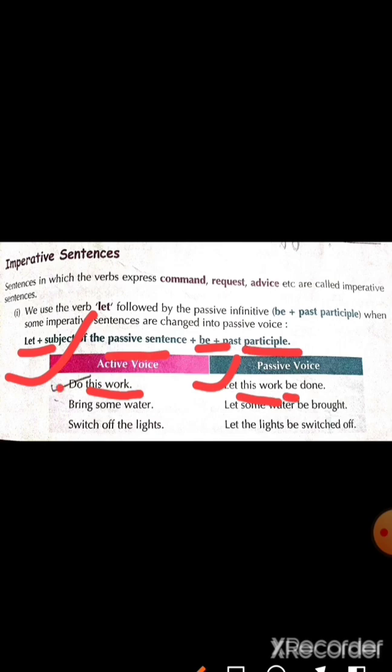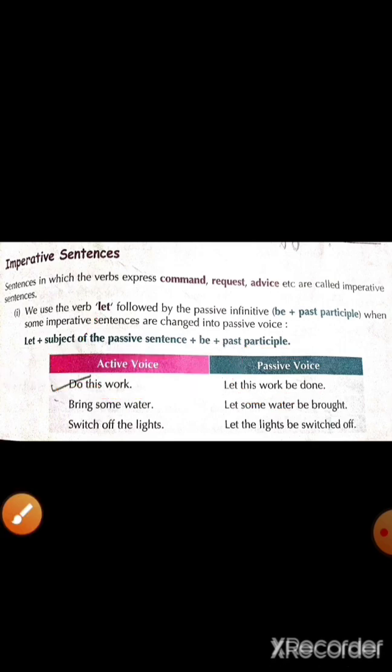What is the past participle of do? Done. So let this work be done. Bring some water. It will be let some water be brought. Switch off the lights. Let the lights be switched off. So you have to keep these rules in your mind.